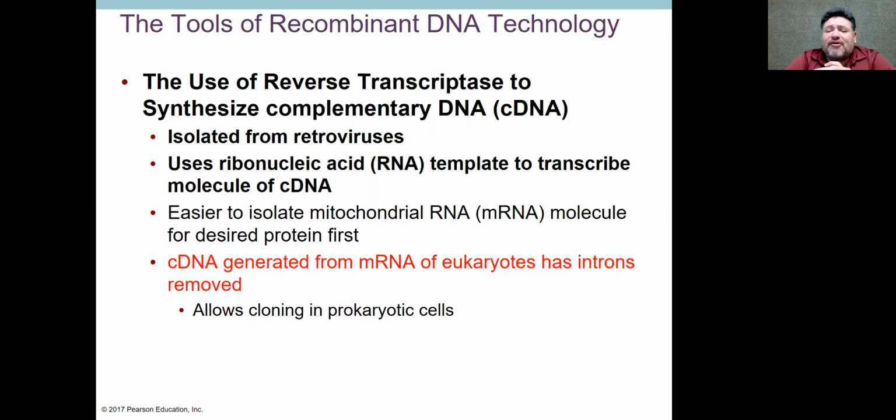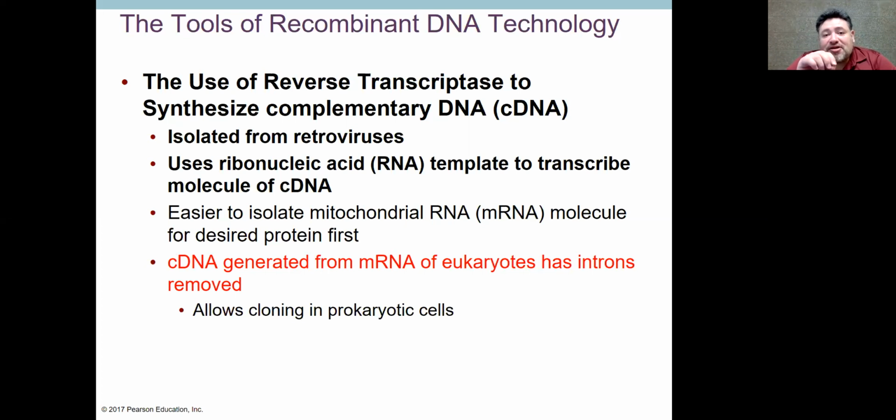Now, you might think to yourself, who cares? We care, okay? The reason that we care is because the majority, I'm going to say probably half of the medications that we take these days, are harvested by putting a gene of interest into a bacteria. But that gene of interest cannot be taken from the human DNA, for a reason that I'm going to explain in just a second. It has to be taken from human messenger RNA.